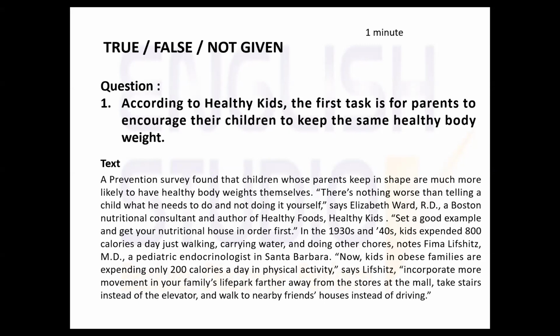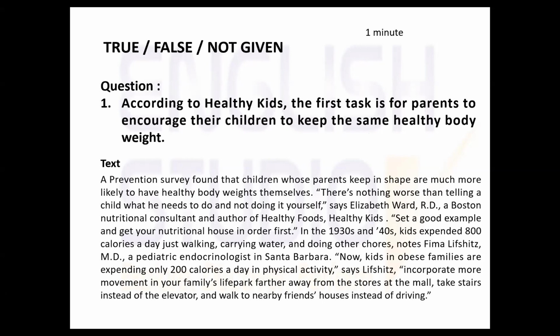Mr. Harris, could you please explain? I guess we can imply the answer from the last sentence that it stated that they told us to incorporate more physical activity, not explicitly state to keep the same body weight. Sorry, which paragraph, which line?